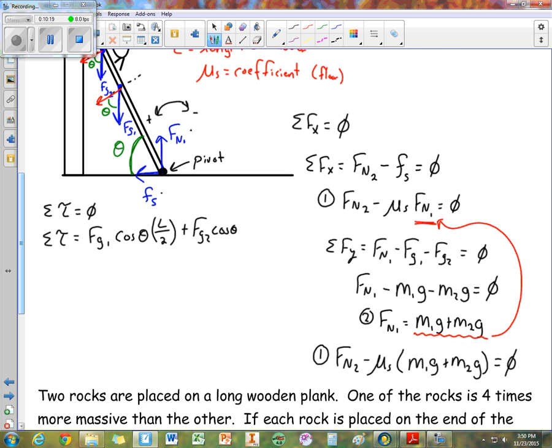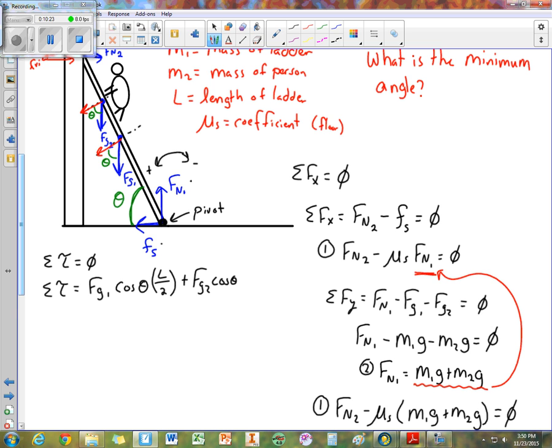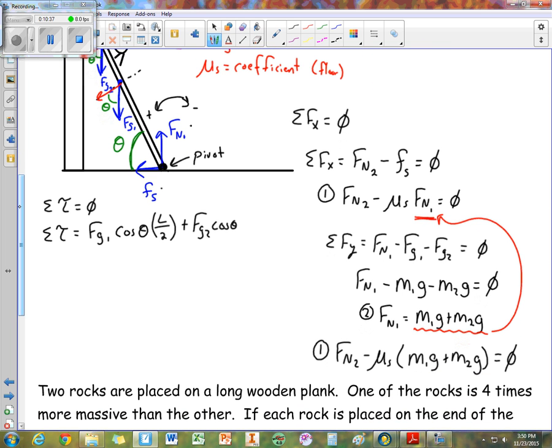Now this lever arm distance, I haven't given that to you yet. Just for the time being, let's say that this person right here is 5/6 of the way up. I think that seems pretty reasonable. So for the lever arm distance here, let's go with 5/6, so 5L over 6.